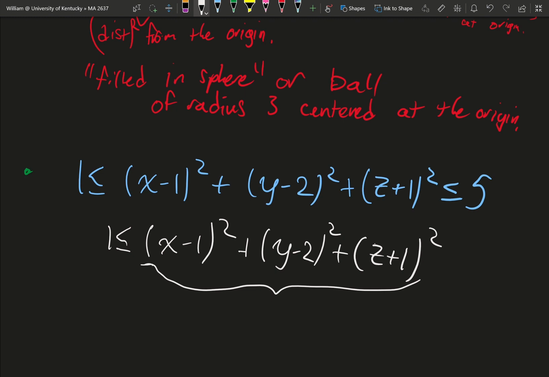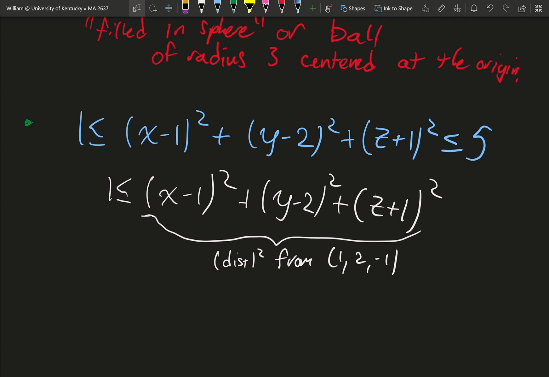And remember, we should think about this as distance squared from, in this case, we can look at the point 1, 2, -1. And so what this says is the distance squared from, we'll say this is our center, clearly there's some spheres involved. They have to be greater than a distance of 1 away.